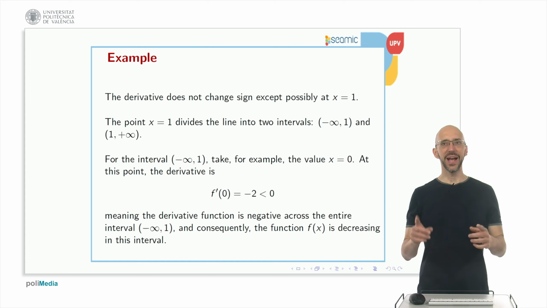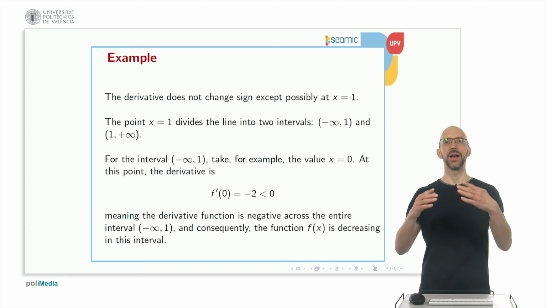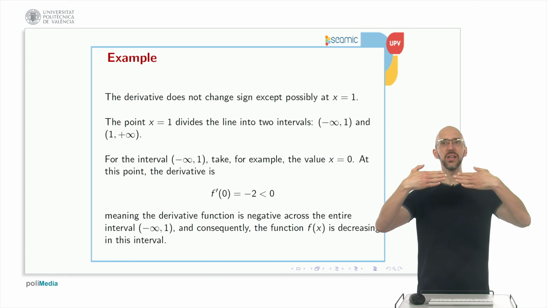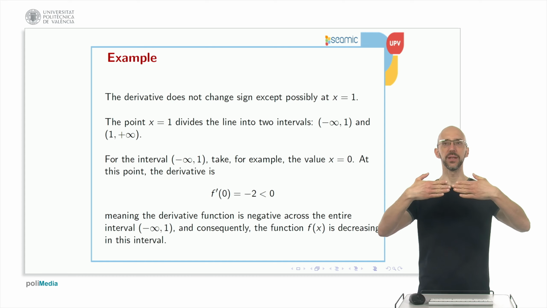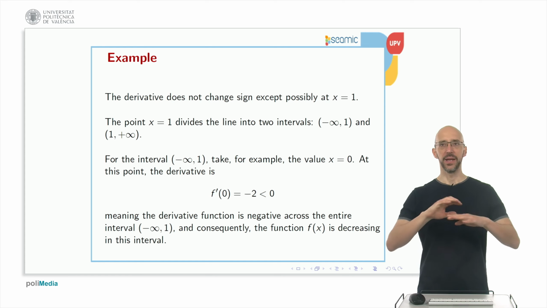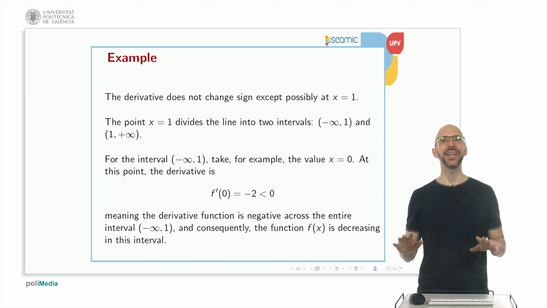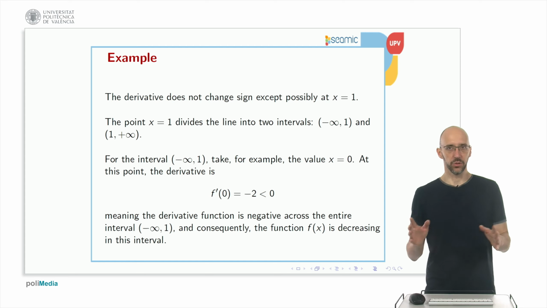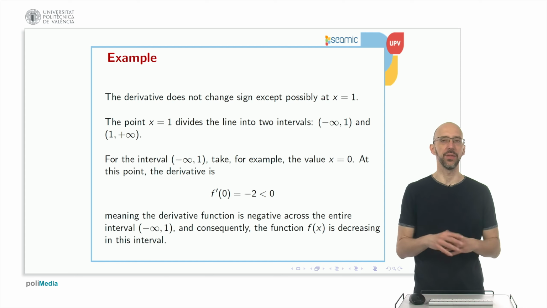The derivative does not change sign except at one point, maybe. So once you have the critical points, and this point divides the straight line in two intervals, we need to check the sign of the derivative at each of these intervals. It's not going to change the sign in any other place because of how we are calculating things.